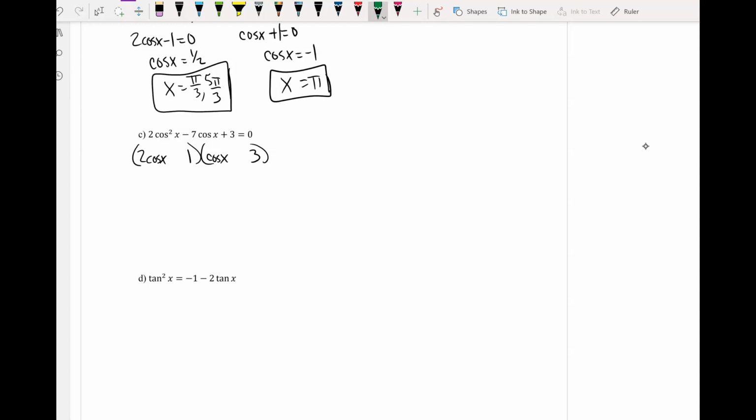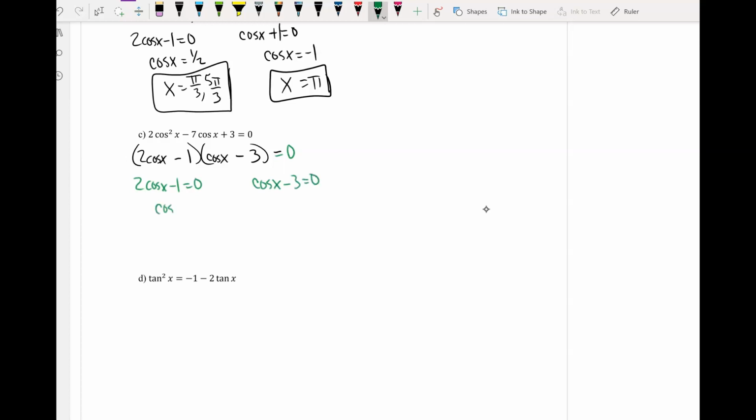Oh yeah, both of these are negative. Okay, cool. One thing you could have also done is use the quadratic formula. Negative 6, yeah, perfect. So you get 2 cosine of x minus 1 equals 0, and cosine of x minus 3 equals 0.